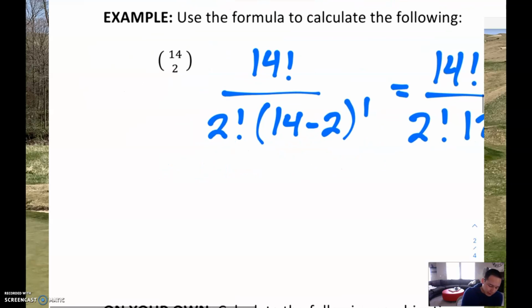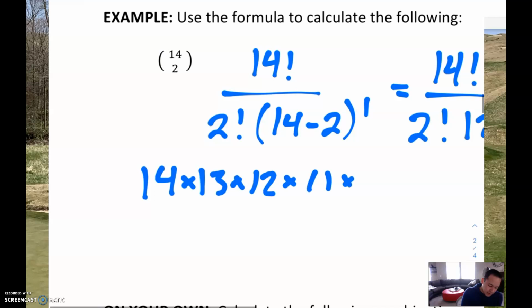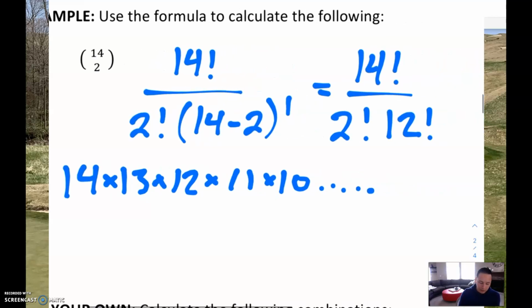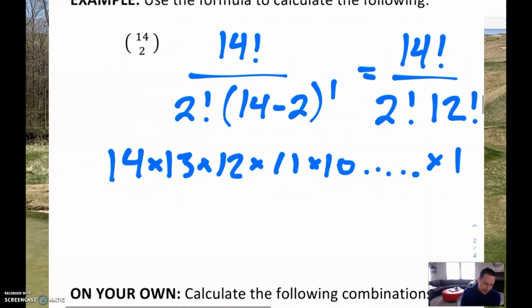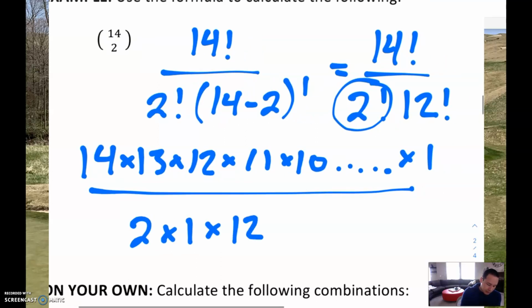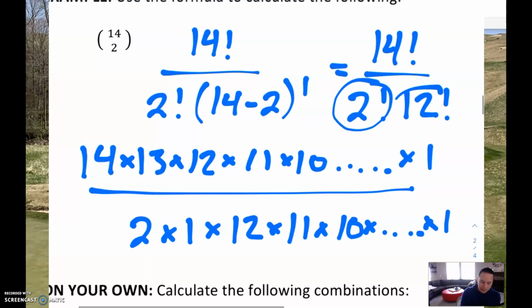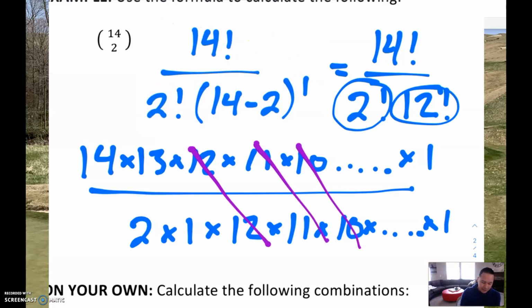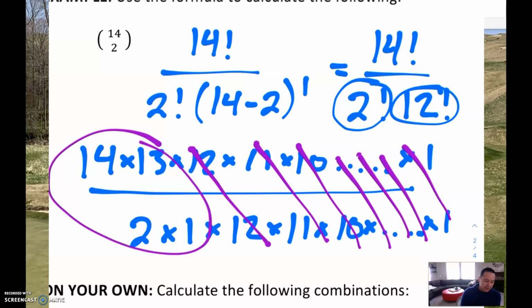So 14 factorial is 14 times 13 times 12 times 11 times 10, and so on, all the way down to 1. And on the denominator, we're going to have 2 times 1, that's this 2 factorial, times 12 times 11 times 10 times all the way down to 1. That's this 12 factorial. You'll notice something really nice happens. Cancel, cancel, cancel. Everything going down to 1 would cancel, and you're left with this calculation here.